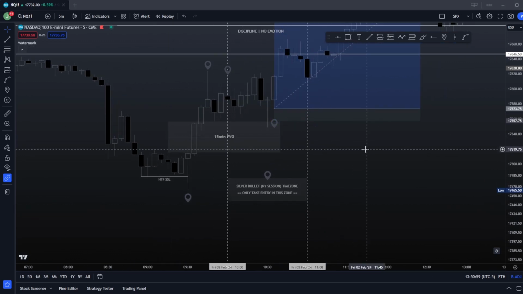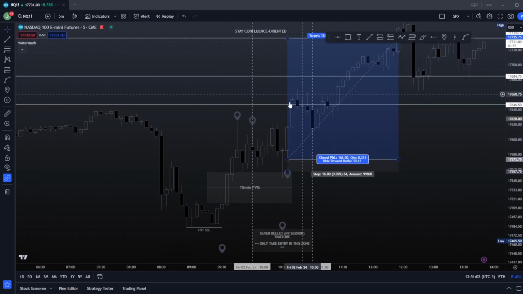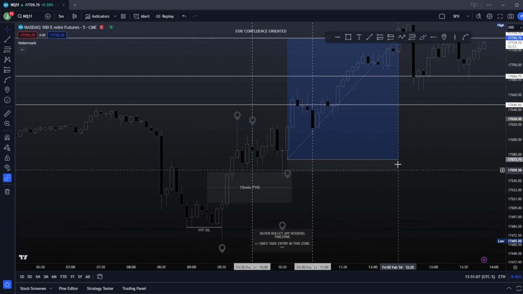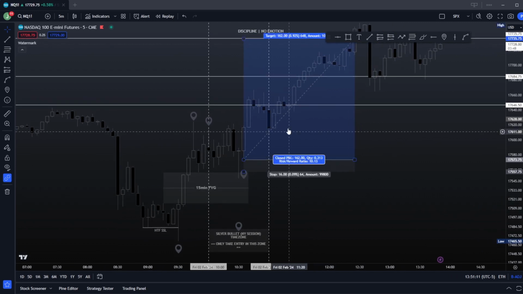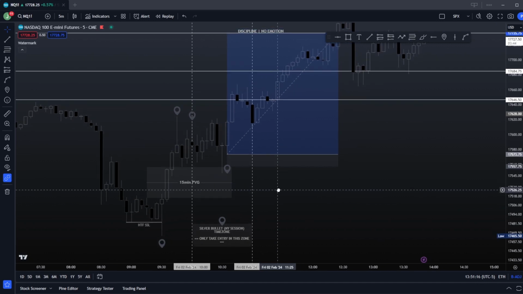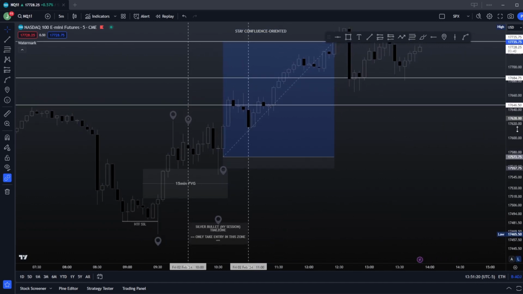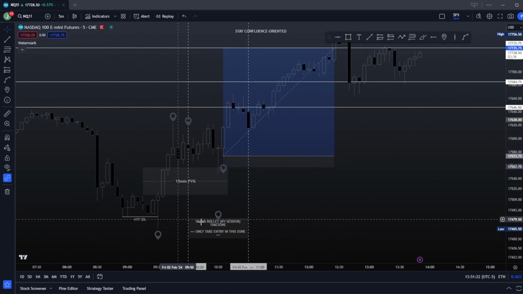But what happened today is a perfect example of the overall goal and the overall aspect of what you want to see in the model. This is an absolute gem, and I know my chart's a little dark.